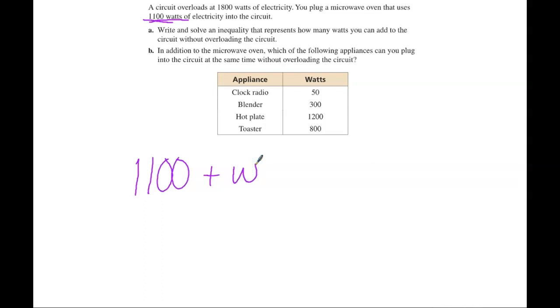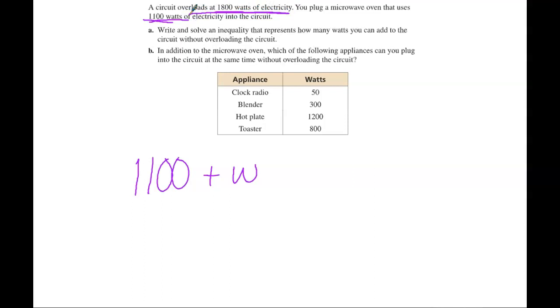Now, what is this 1,800? The max. Could I use 1,800 watts? Probably not the best idea, but you can. Could I use it? No, it will overload at 1,800. So if I plug that in and it gets to 1,800, my circuit's down.